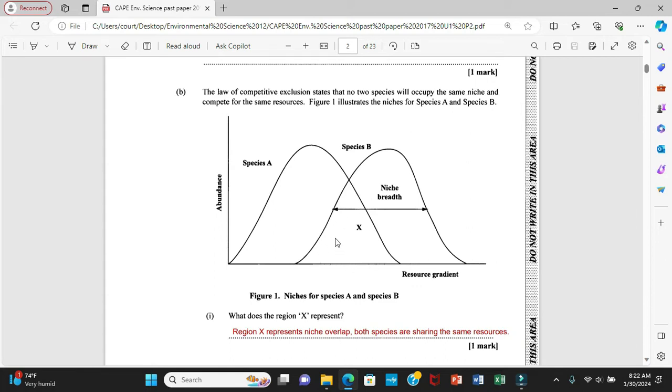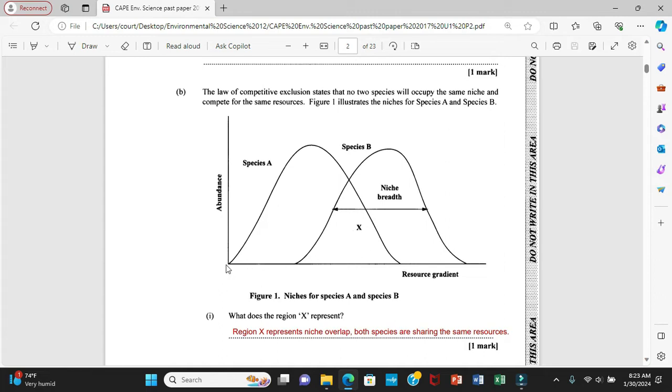Maybe they are sharing the same hunting ground or the same plant on which they hunt for food. For example, two birds could be hunting worms in the same plant, so they are actually sharing the plant. Both of them are sharing the same resources. That's what X is representing here.